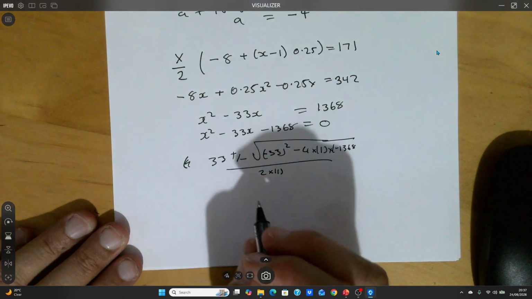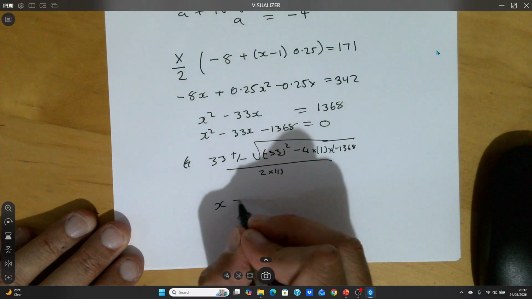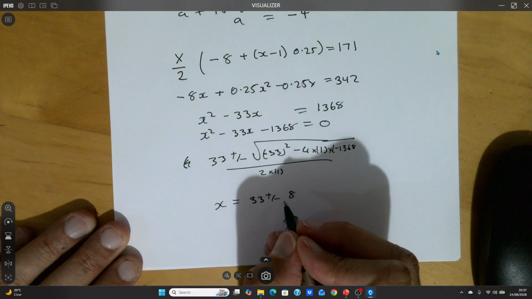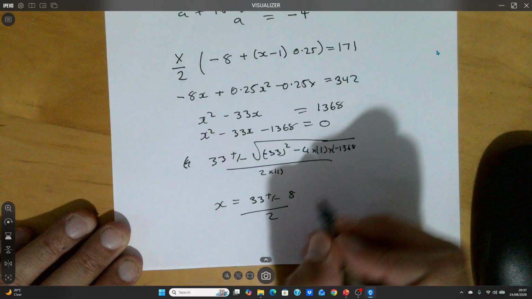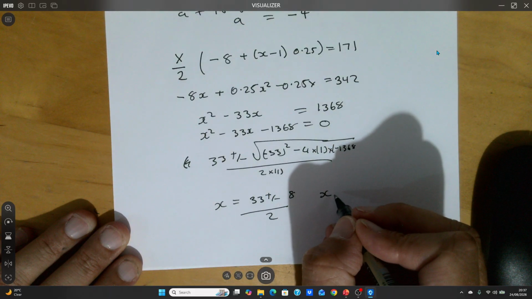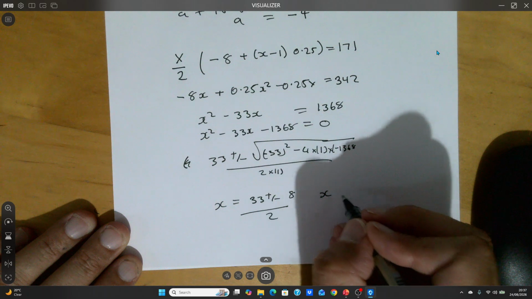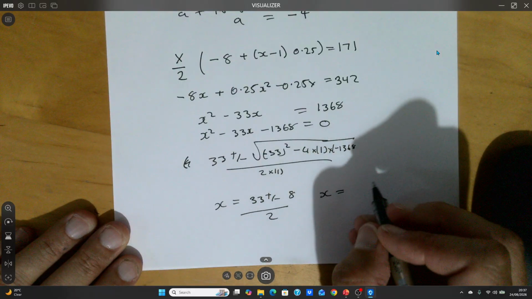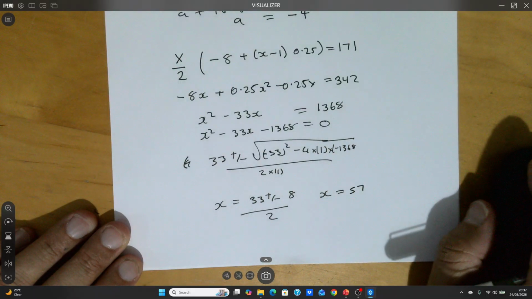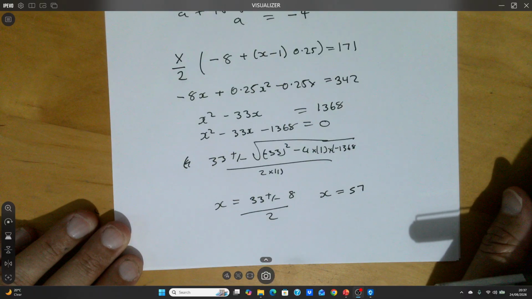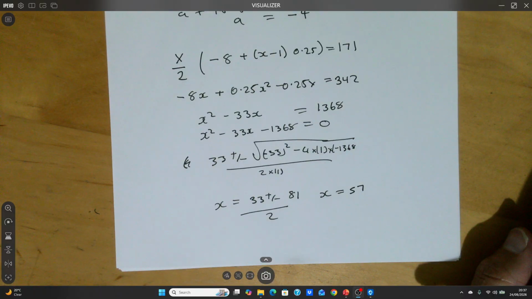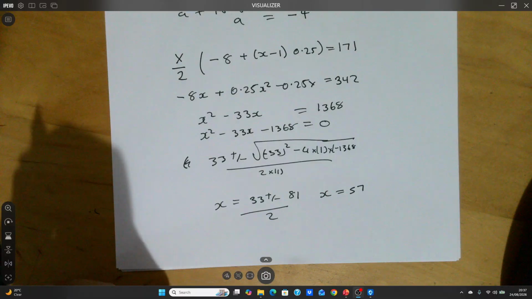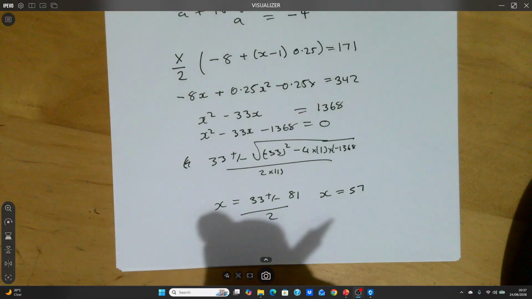And then we get x equals 33 plus or minus 81 over 2. Sorry, I couldn't read my notes, plus or minus 81. I was wondering how I got 57. Right, that's that one.